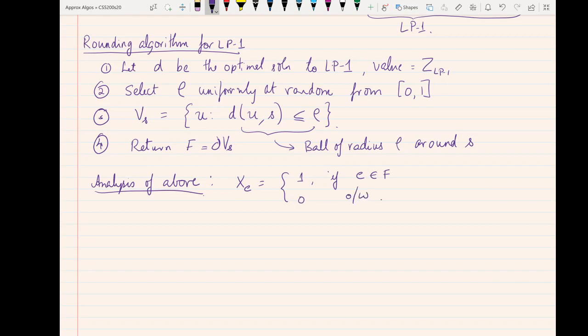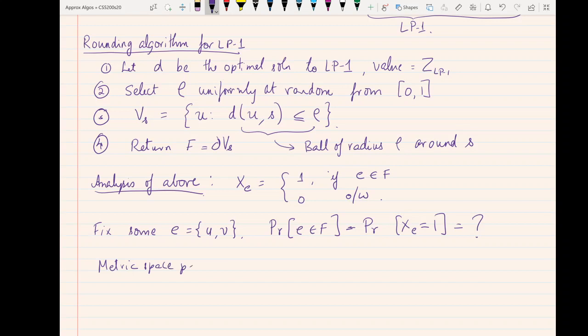Okay, so I'm going to fix some edge e and I'm going to compute the probability that e is in F, which is basically the probability that x_e equals 1. And how do we find this out? So of course you view the points like a metric space. Notice that we are not actually looking at these as vertices of a graph in this picture. The LP outputs some distances between the points. So imagine something like this.